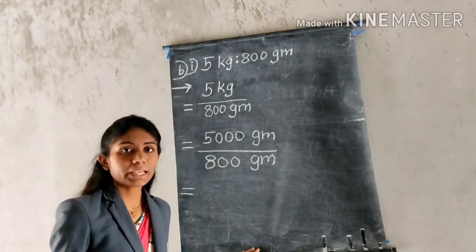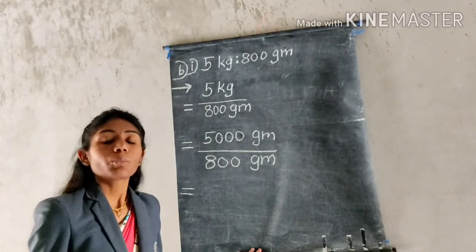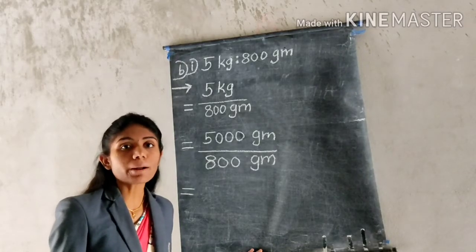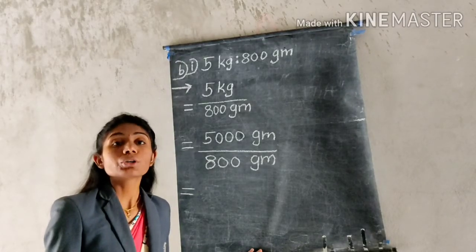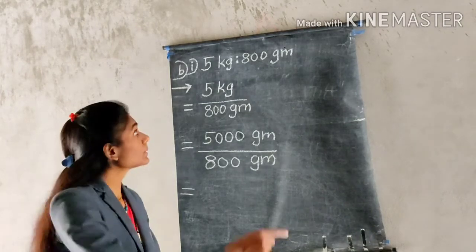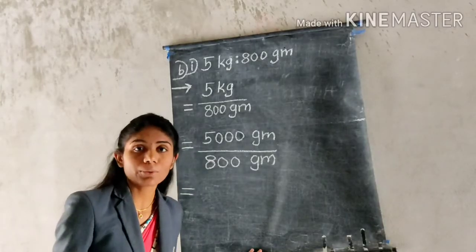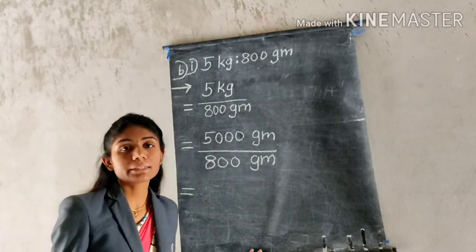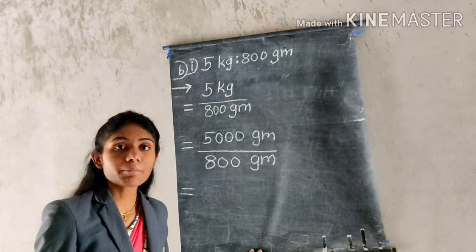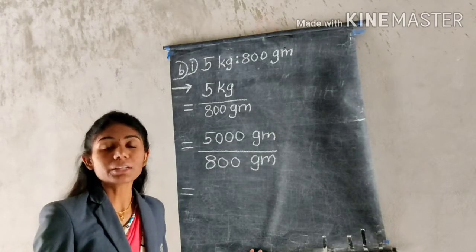The next example is 5 kg is to 800 gram. First, we know very well that both quantities in the given ratio should be in the same unit. Here we observe that one quantity is in kilograms and the other is in grams. So first we need to convert them into the same unit. This is the rule related to ratio.